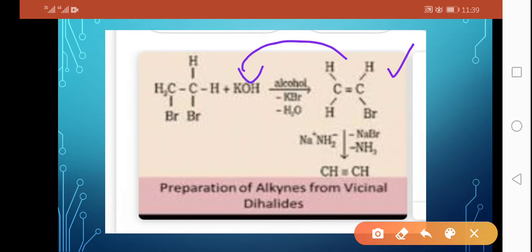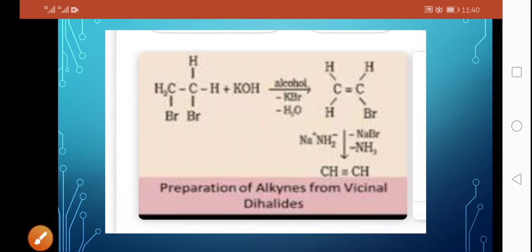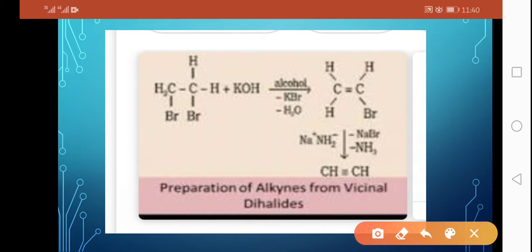The same conditions will be applied, and this potassium will again react with the bromine, that is Br, and the OH from the KOH will react with hydrogen from the other carbon atom, and it will lead to the formation of a carbon to carbon triple bond with the elimination of another KBr and water molecule.